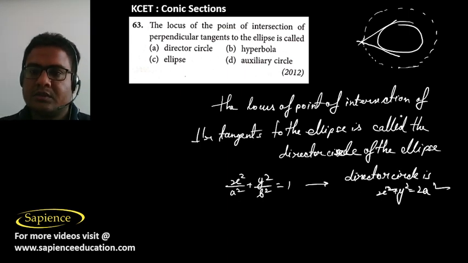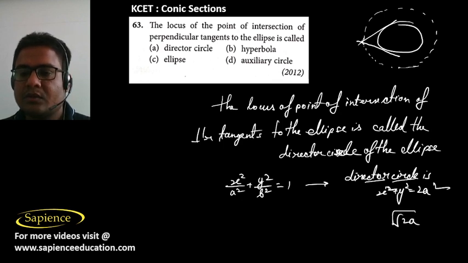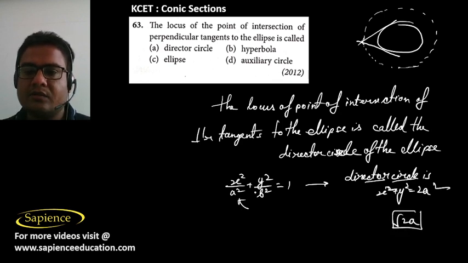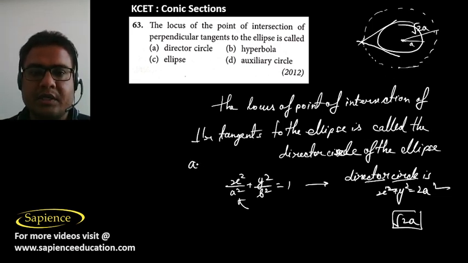So it means the director circle is a circle whose radius is root 2a units, where a is the length of semi-major axis. It is half of the length of major axis, but the radius of the director circle will be root 2a units. So option A is the correct answer.